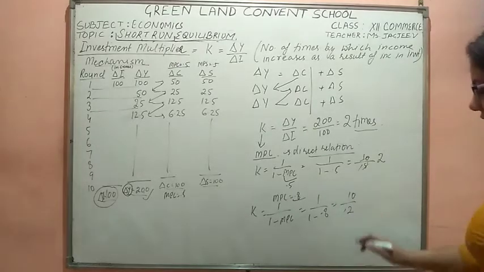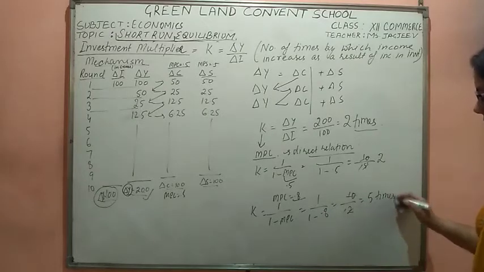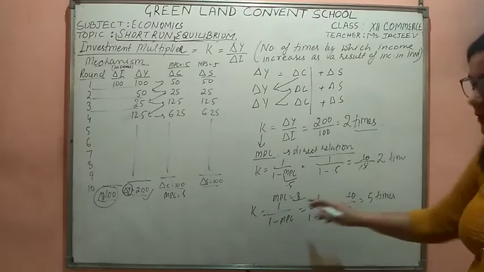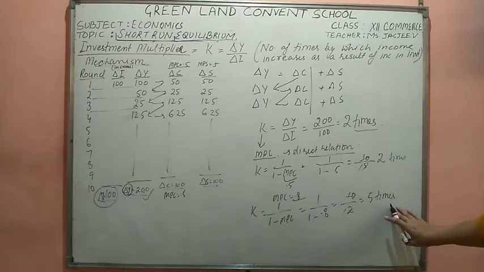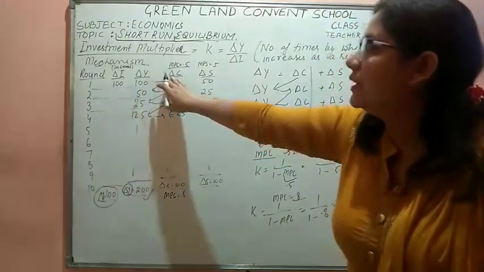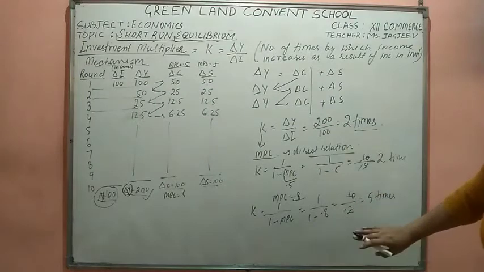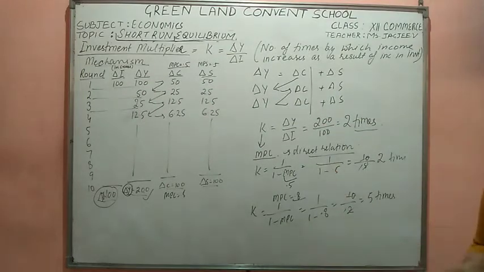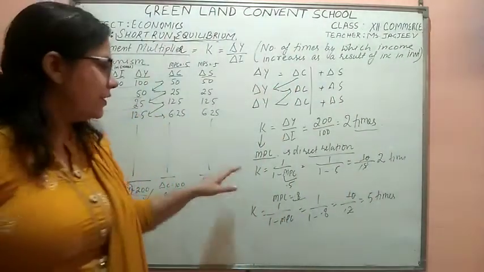Removing the point, we would have 10 over 2. So it will be 5 times. If the people are in the habit of consuming 80%, then the multiplier would be 5 times. It means that due to the increase in the investment of 100 crores, the increase in the income would be 500 crores.